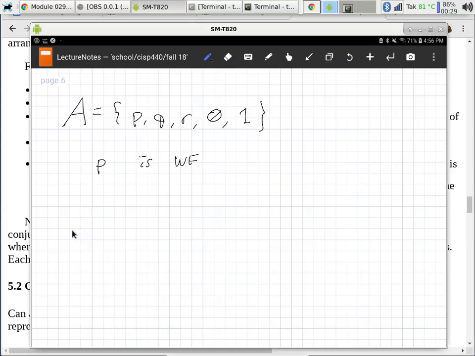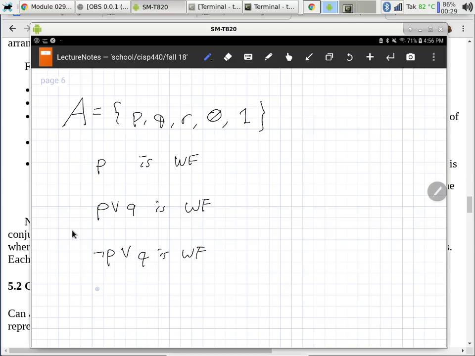It has one single term. Okay. P or Q is well formed because P is an element of a disjunction, by definition. Q is the same way. Not P or Q is well formed.